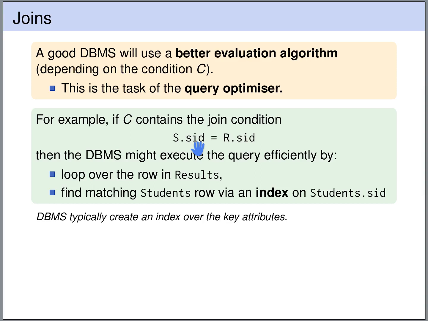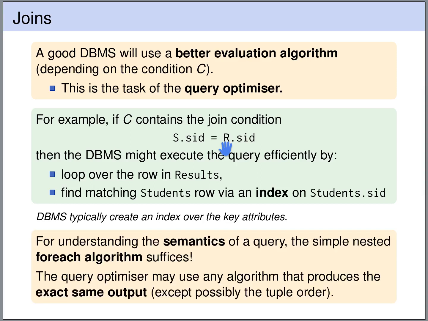So one possible strategy for the database management system could be to loop over the results table and to use the index structures to efficiently look up the matching student. So then there's no need for having these 2 nested for loops. We just need one for loop and this efficient lookup procedure.